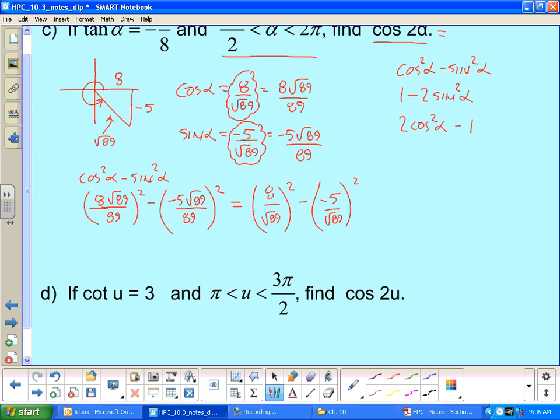Well, 64 on the top minus a negative 5 squared, 25 on the top. And then the square root of 89 squared is just going to be an 89, so we're just going to get that as the denominator. And this ends up becoming 39 over 89.